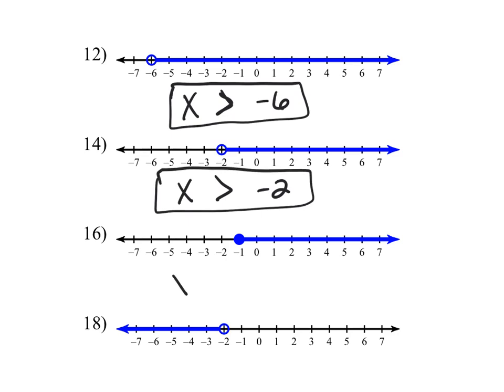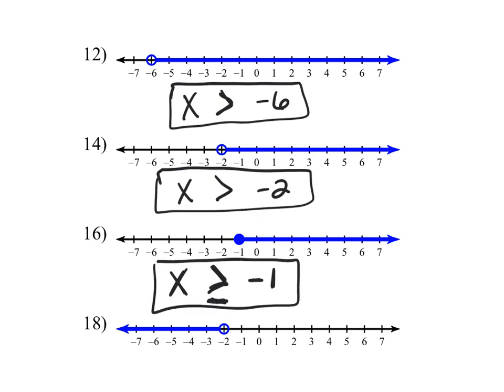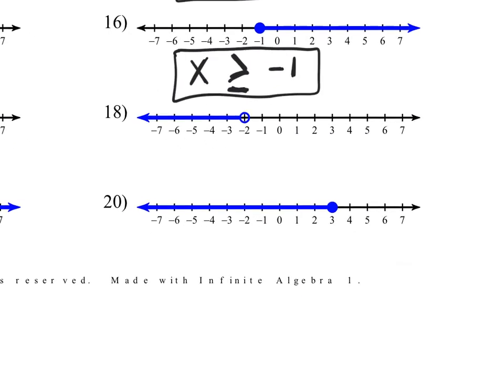On 16, start with your variable. Here, your number is -1. Again, everything has got to be bigger, so it's going to face the x. Yes, but since it is a closed dot, you've got to have it underlined on the inequality. So it's saying x is greater than or equal to -1.